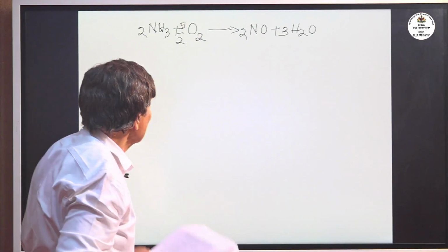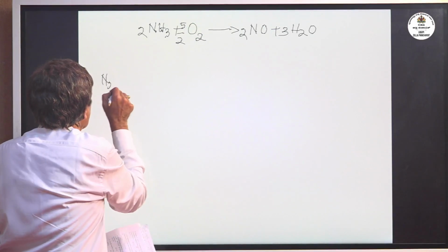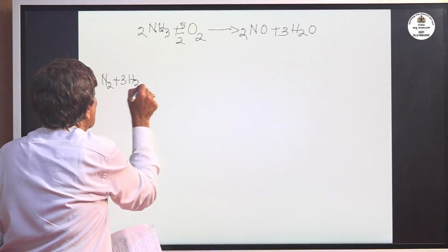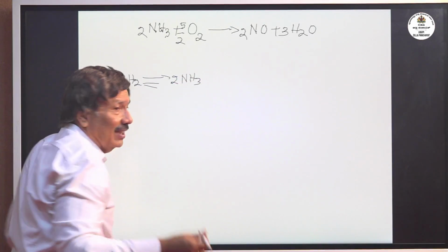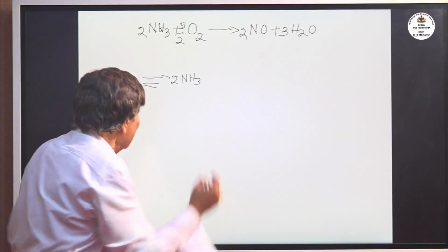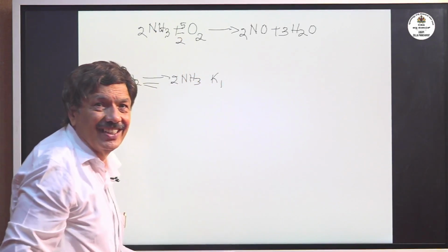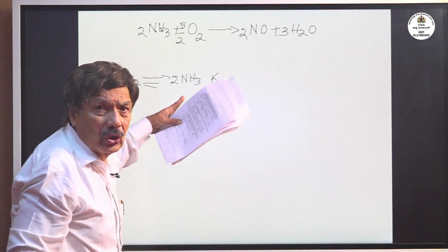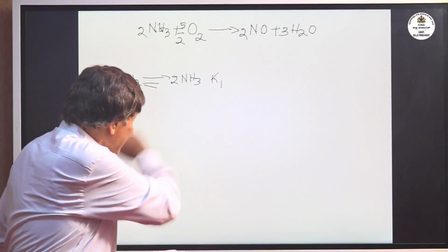What are they given? The first one is N2 plus 3H2 giving 2NH3. Of this it is K1. What we want is ammonia on the reactant side, so quantity is the same, 2. We want ammonia on the reactant side, so reverse this equation.